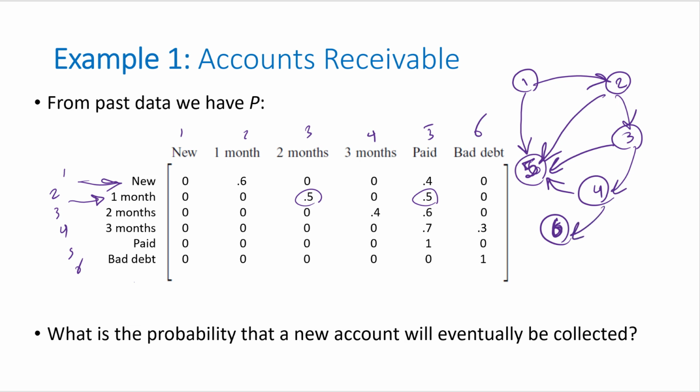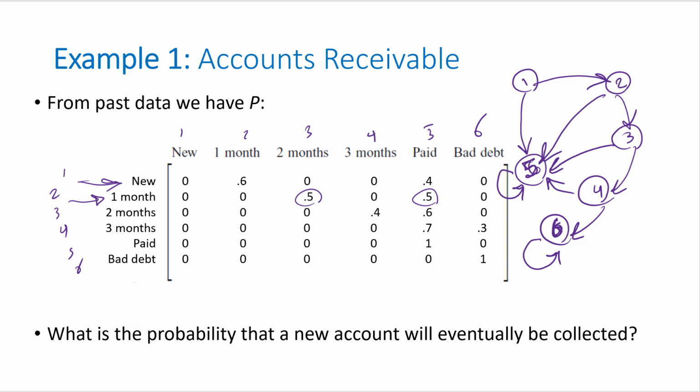If they are a bad debt, they remain as such forever. We close that account basically. Or if they are paid off, then they are just paid off. That account is closed. Therefore, 5 and 6 are absorbing states, and all the rest are transient, which means you cannot stay as a new account, 1 month overdue, 2 months overdue, or 3 months overdue.